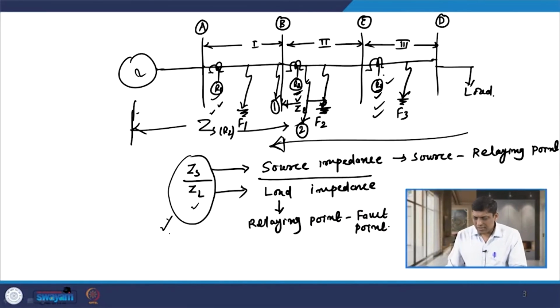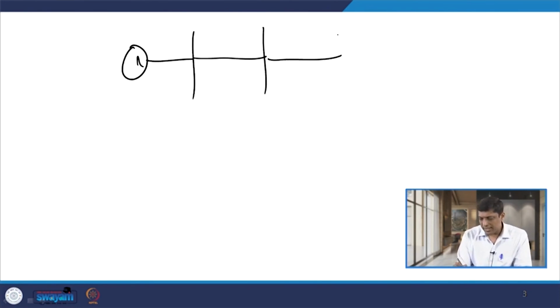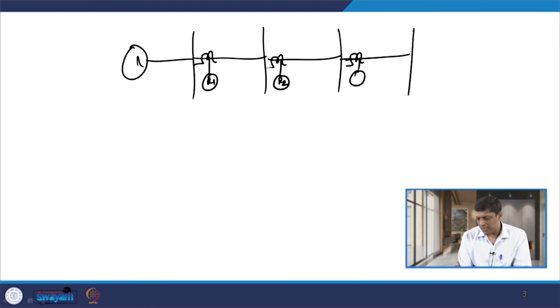If I consider the same case, let us say we have 3 line sections and the same relays R1, R2 and R3 connected in the 3 line sections. Now, say for example a very close in fault occurs in line section 2 here.